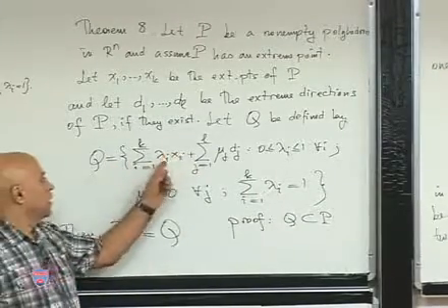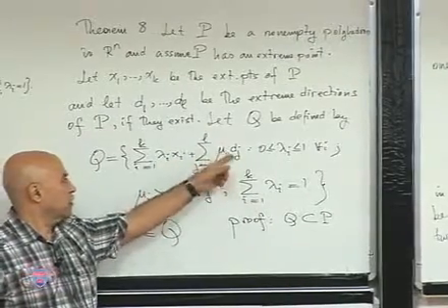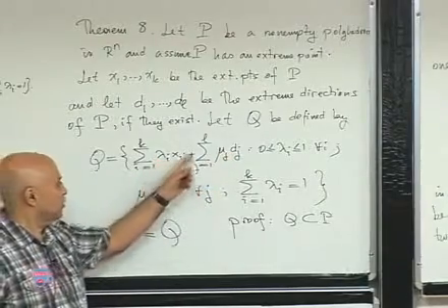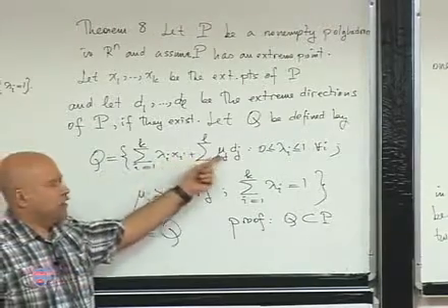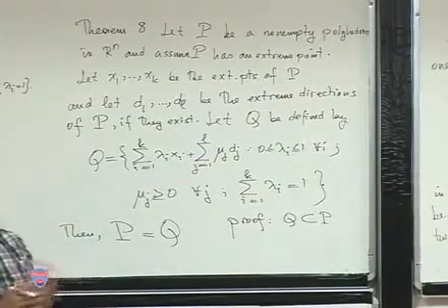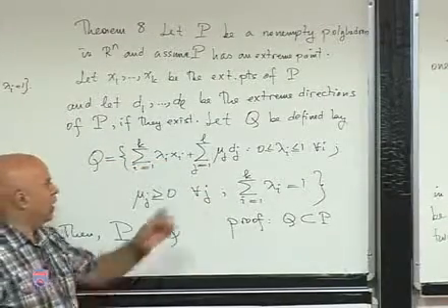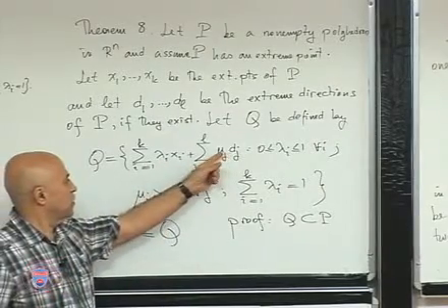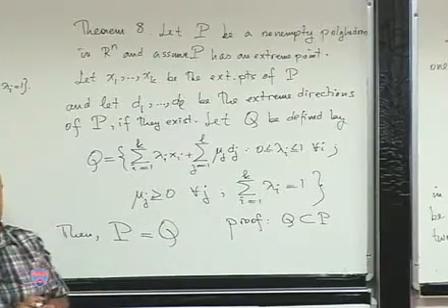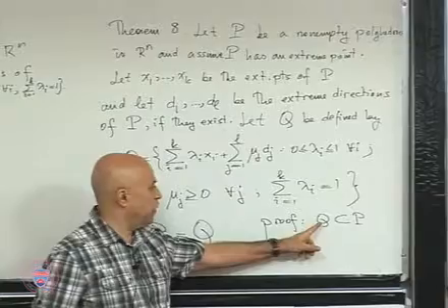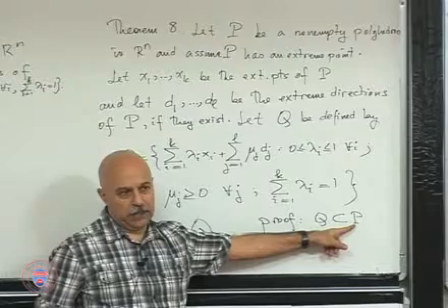Because if you take any convex combination of extreme points and non-negative combination of extreme directions, because your xi's are points in your feasible set, and when you add positive multiples of dj's to feasible points, you still continue to stay in the feasible set. So any point picked from Q will continue to be in P. That's trivial. 3 lines, maybe.